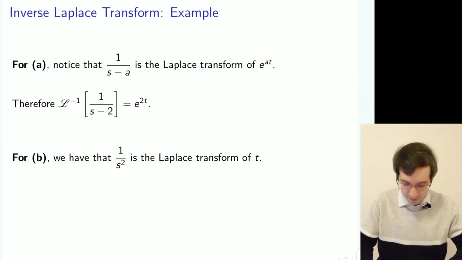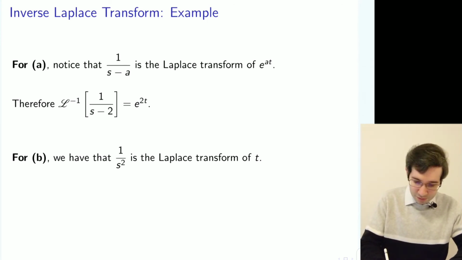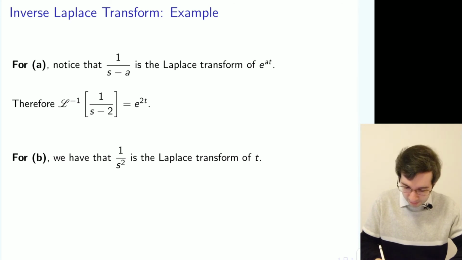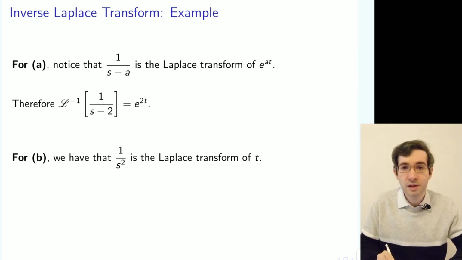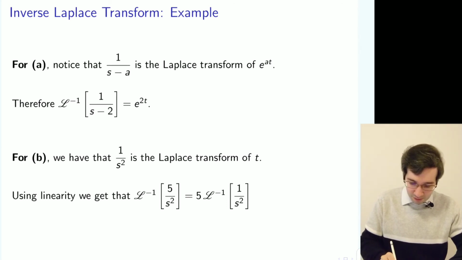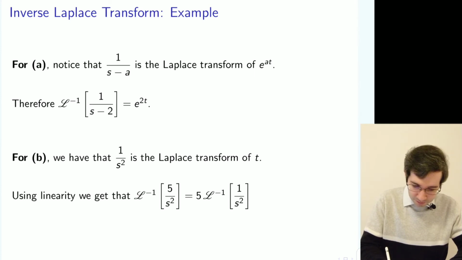Now case B is somewhat similar, but we need to think of what is the inverse Laplace transform of one over S squared. And that will be just a linear function. So the answer here will be that we need to get our inverse Laplace transform in a way that involves that function.